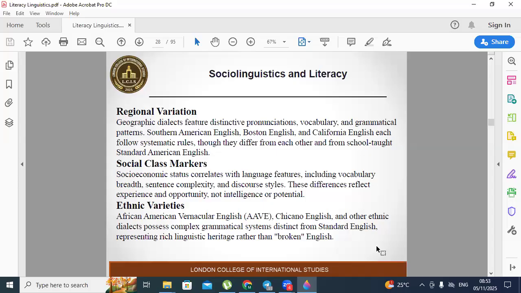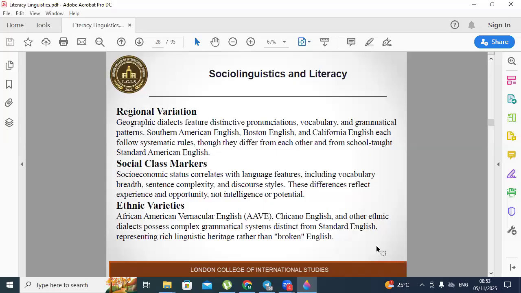Boston English features include R-dropping after vowels, so "park the car" might sound like "pahk the cah," and distinctive vowel sounds. California English includes features like the cot-caught merger, where these words sound identical, and particular intonation patterns.